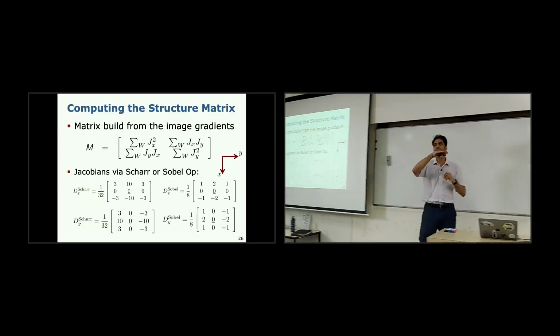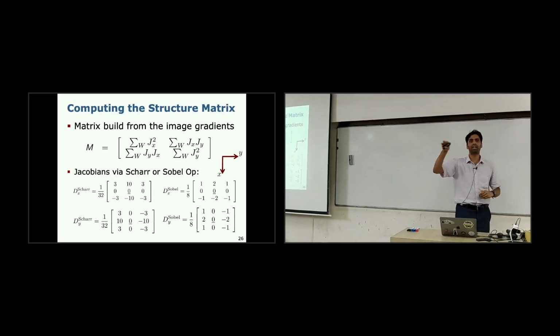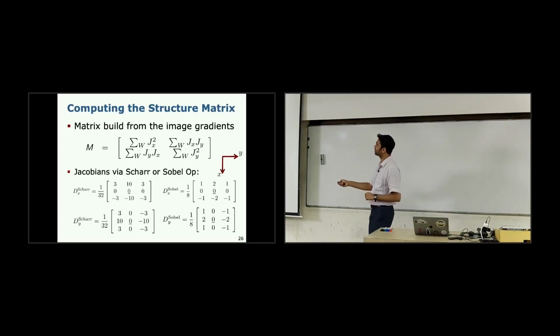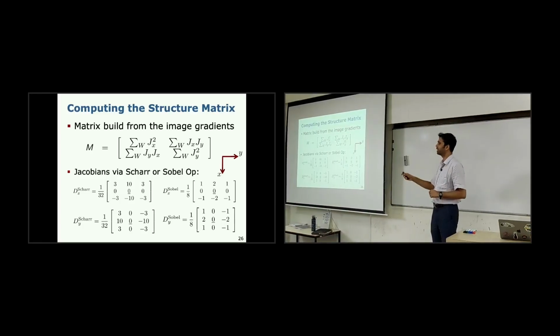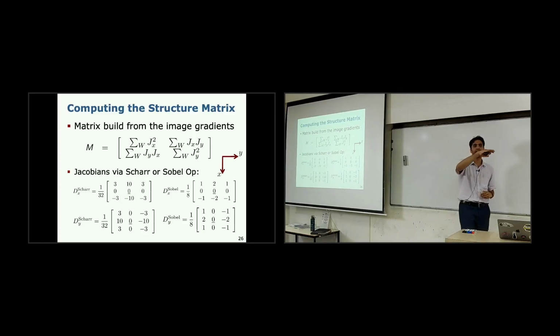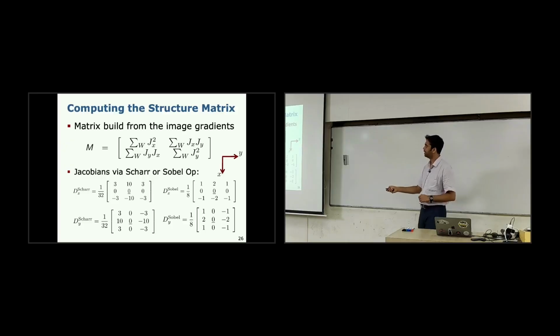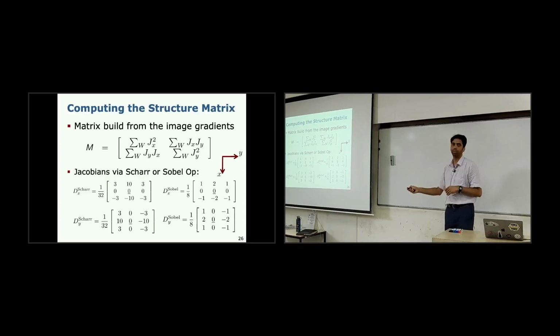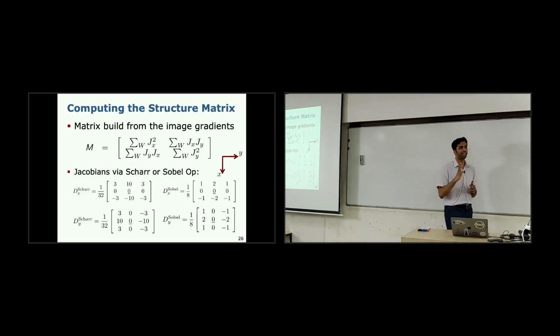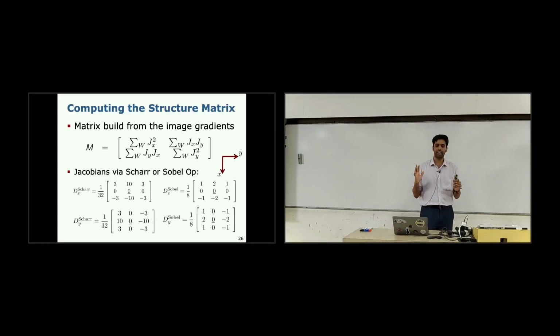So it'll look for horizontal edges. If you apply this convolution on an image, it'll find differences if they exist in the horizontal direction. Similarly, this will find things in the vertical direction. There are different schemes. You could either use the Scharr scheme or the Sobel scheme. Each one has slightly different smoothing properties. But essentially, what it will give is a difference.